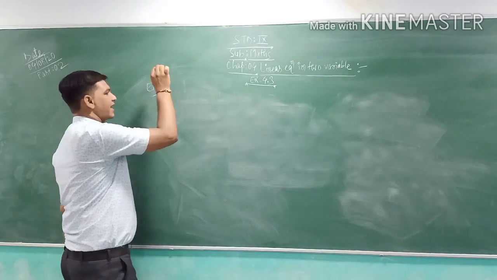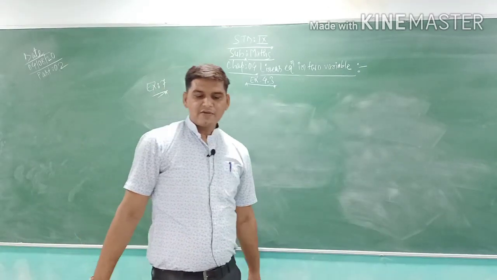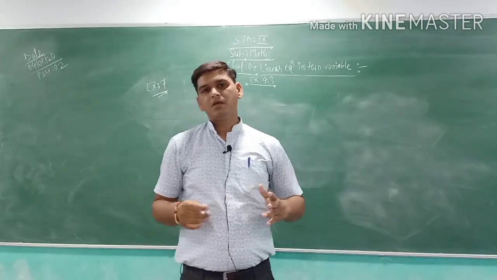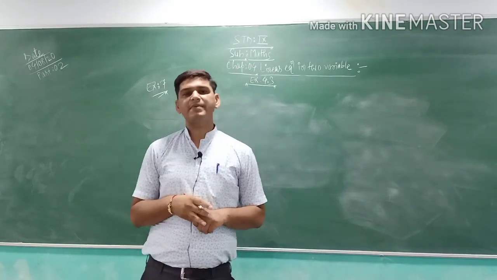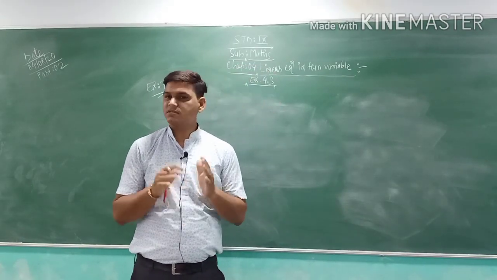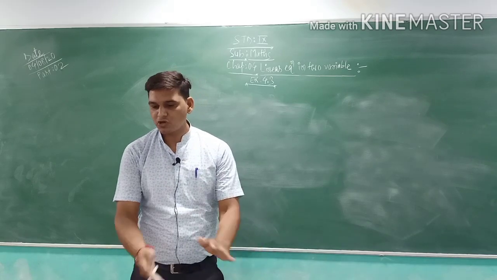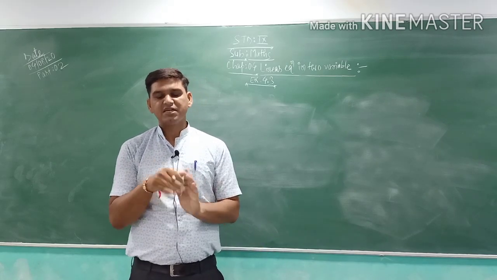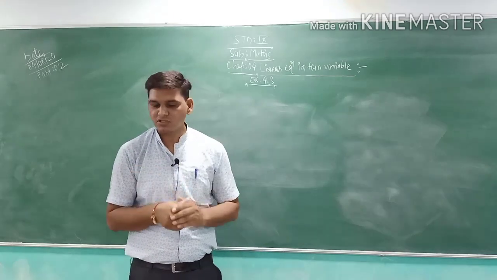Question number 7. Now, if you see question number 7, it involves work done by a constant force. When the force is applied, there should be a specific distance traveled by x.